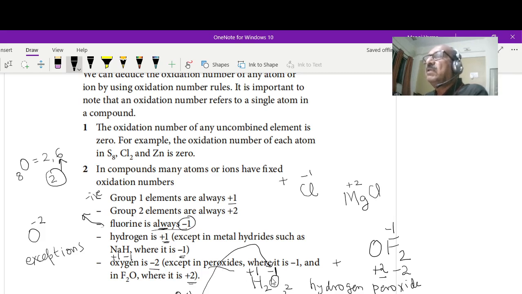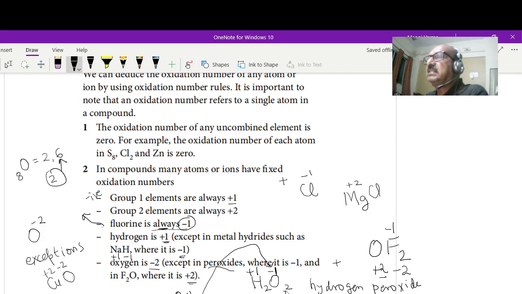So we find that oxygen can have 3 different oxidation numbers depending upon the compound. Most commonly it is -2, for example in copper oxide, +2 and -2. When combined with fluorine, oxygen becomes +2, and in peroxides like H2O2 it is -1. How will you recognize a peroxide?